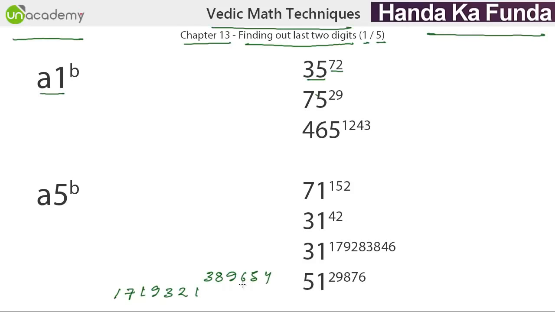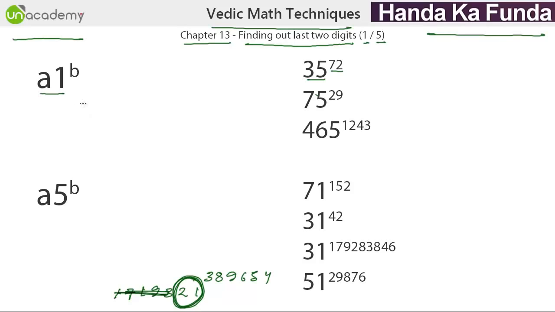If you have something like this, the only thing that matters in figuring out the last two digits, in these cases or in any case, will be just the last two digits of the base, or 21. Whatever is before it is of absolutely no significance. So this question and this question are absolutely the same. With the 17193 or without the 17193, they are absolutely the same.